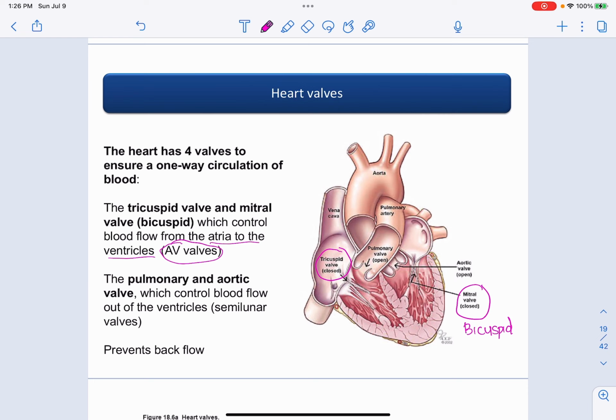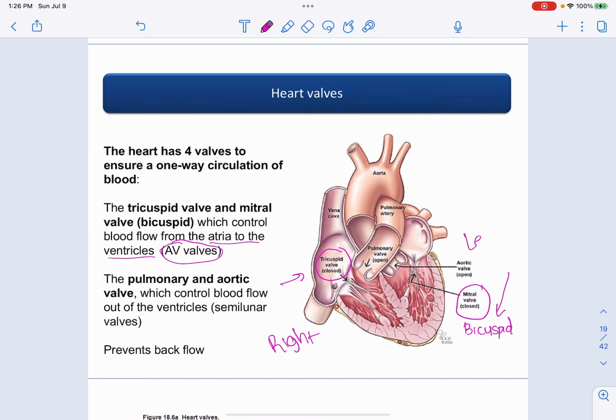And I have a cute little mnemonic, or not mnemonic, but a way to memorize this. I learned from a video that I watched. If you have a hard time memorizing the valves, you want to try before you buy. So the tricuspid is on the right side.